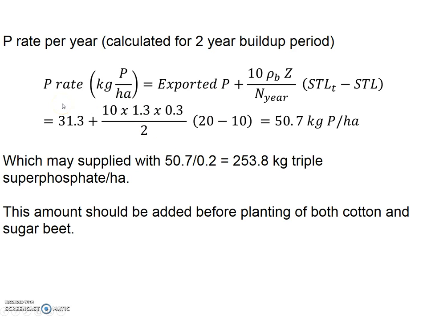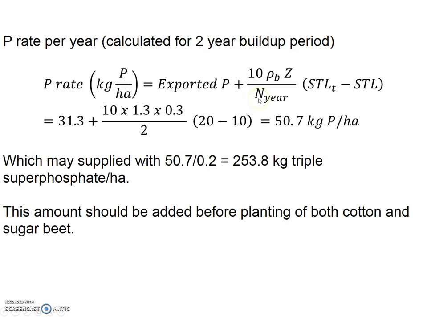So we apply the equation that tells us that fertilizer rate for phosphorus is equal to exported phosphorus multiplied by 10 by soil bulk density multiplied by soil depth divided by the number of years.